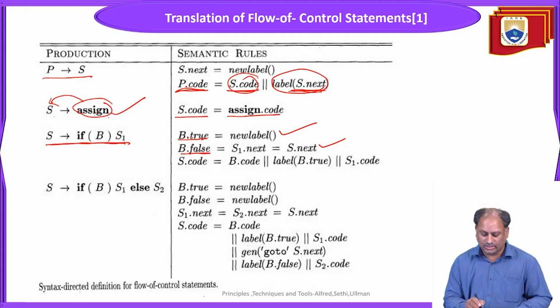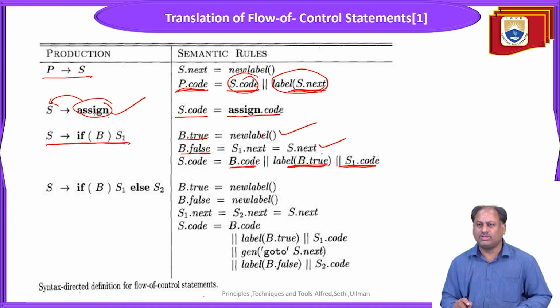That's why here B dot true, a new label has been created, and false is S1 dot next. Now, after evaluating the Boolean expression code, it may lead to true or false. If it leads to true, then it generates the output of B dot true and the label which is assigned, and the corresponding statements are to be executed.